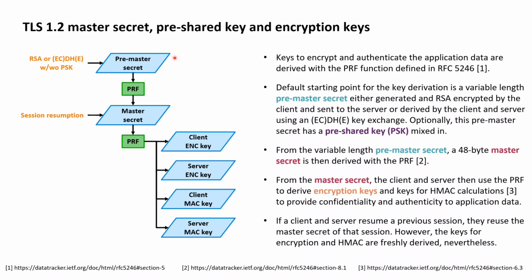If an RSA-based key exchange was specified, then the pre-master secret is locally generated by the client and then sent from the client to the server by means of the client encrypting the locally generated pre-master secret with the public RSA encryption key contained in the X.509 server certificate. The server, being in possession of the private RSA decryption key, can then obtain the pre-master secret by just decrypting the encrypted pre-master secret sent by the client.